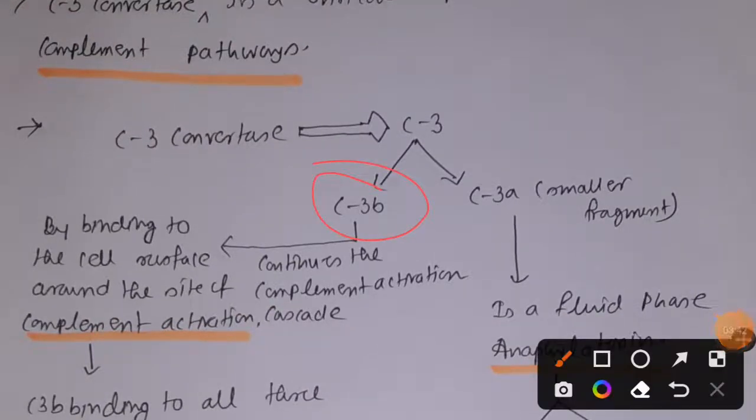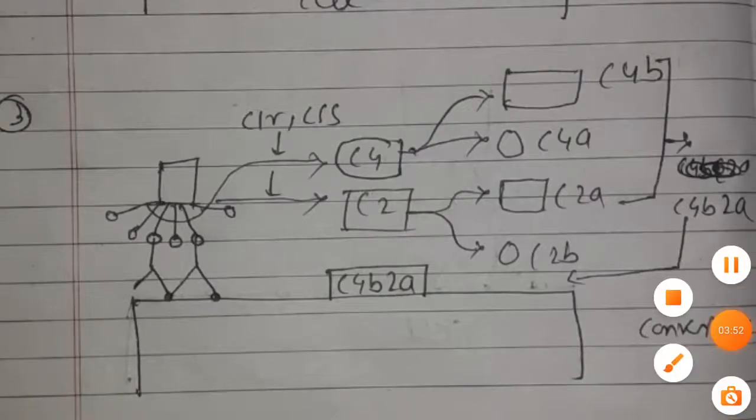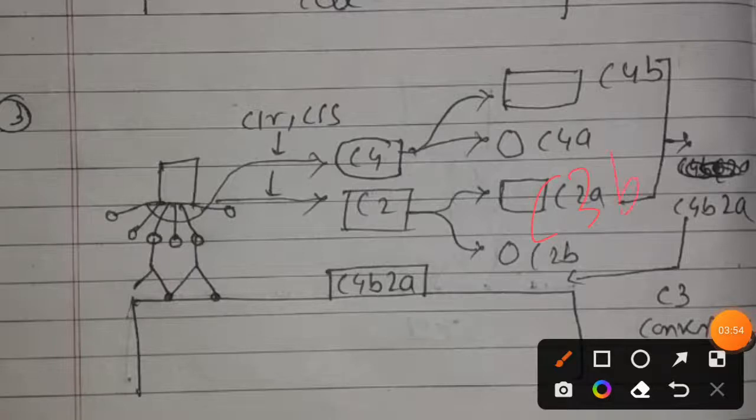This C3b will continue the complement activation cascade by binding to the cell surface around the site of complement activation, meaning the C3b will bind with that C3 convertase and convert it into C5 convertase.